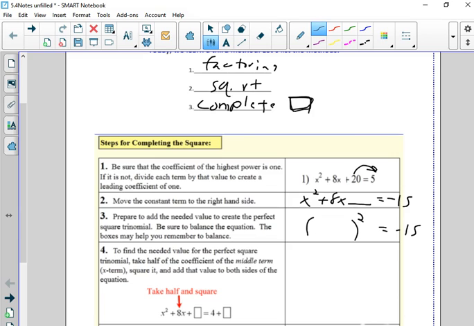Now, here's the method. Very simple. You're going to take half of this number. Since it's positive 8, half of that is positive 4. We are then going to travel up here. When we travel up to that blank space, we're passing by the square, the little 2, which is going to tell me to square that 4.